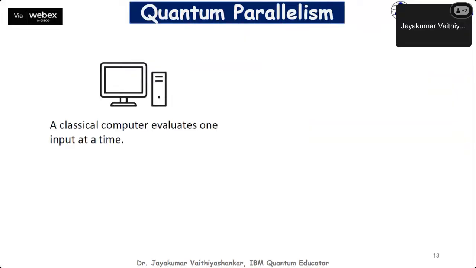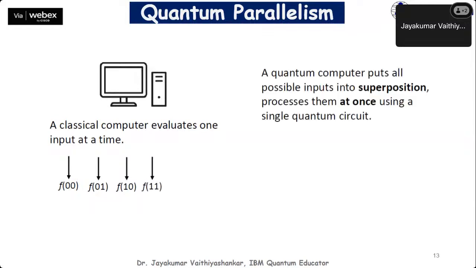Take an example of a classical computer, which evaluates one input at a time: f of 00, f of 01, f of 10, f of 11. In the case of quantum, if you are able to create superposition for inputs, it will process them at once using a single quantum circuit. So here there is a difference.